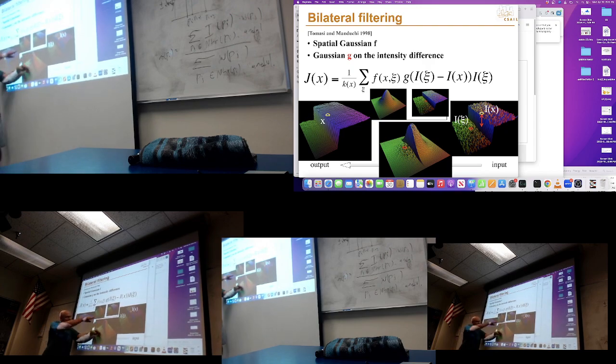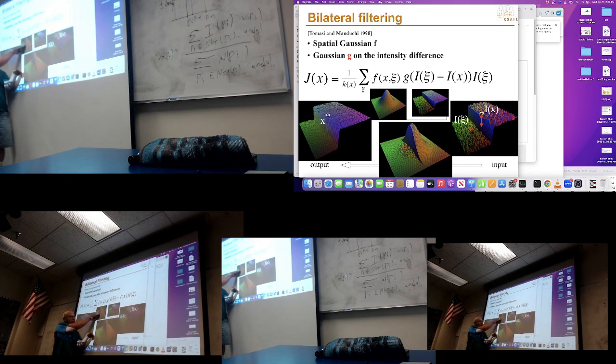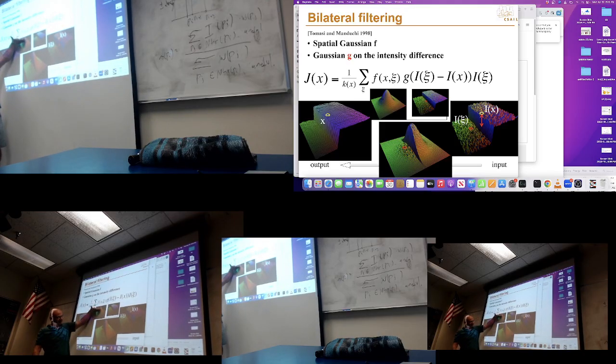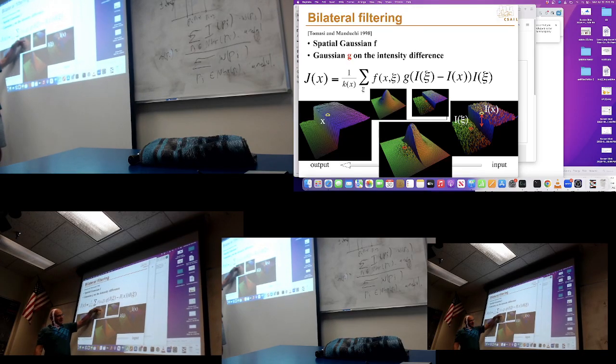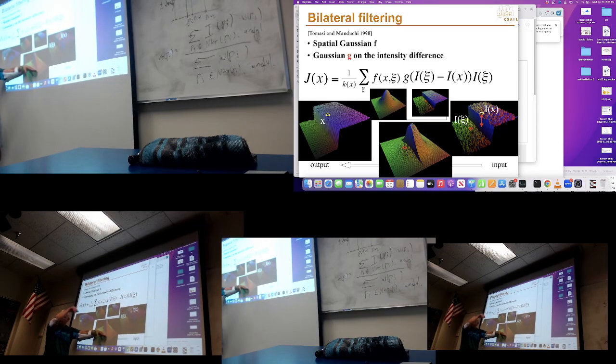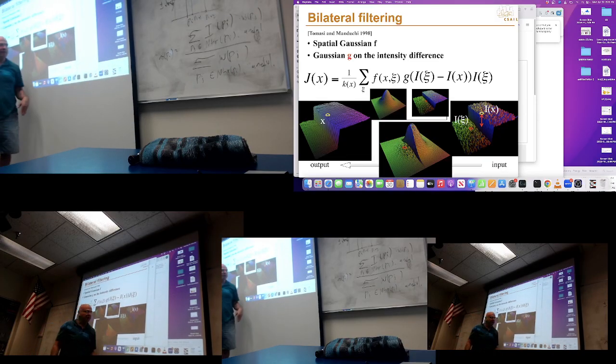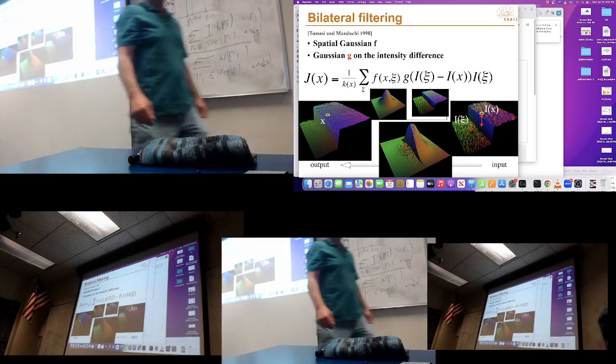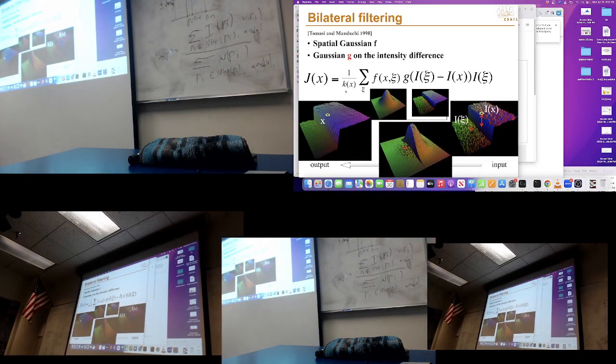What happened here? If I pushed down half the Gaussian to the floor, then the other pixels should go up, should be more important. How do I make them more important? That's exactly the value of k of x over here.